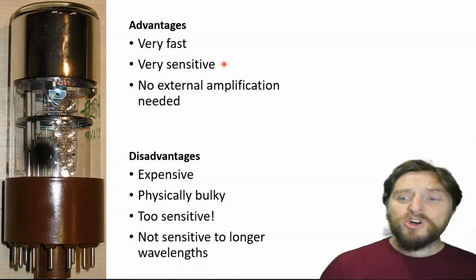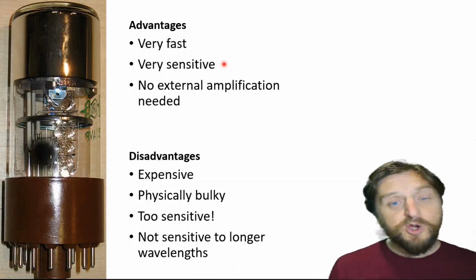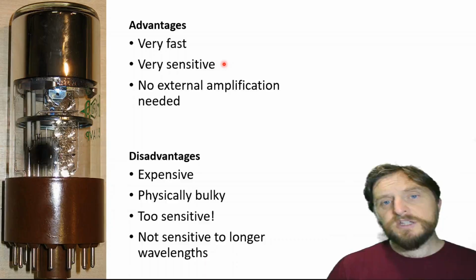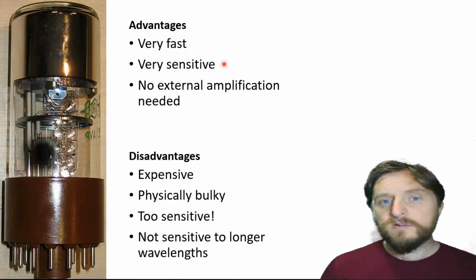They're also not very sensitive at longer wavelengths, and that's because they work on the principle of the photoelectric effect. If your photons do not have sufficient energy to overcome the work function of that first photocathode, you'll get nothing out of them at all.